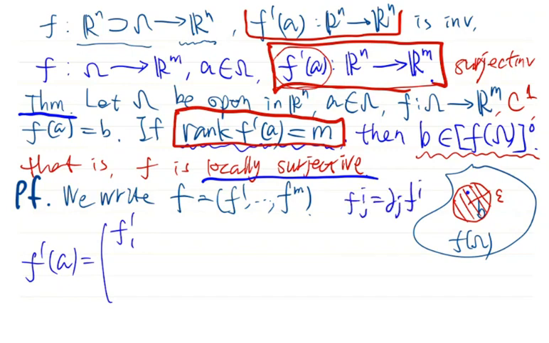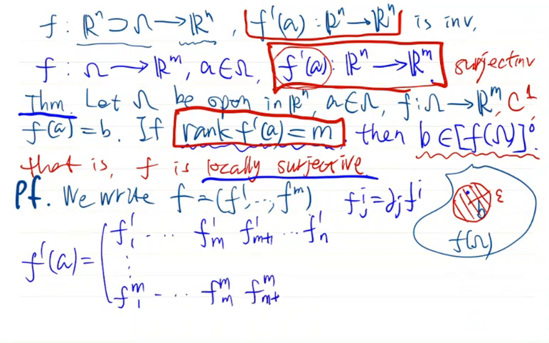So F11, ..., F1m, F1 m plus 1, ..., F1n, and down to Fm1, ..., Fmm, Fm m plus 1, ..., Fmn.